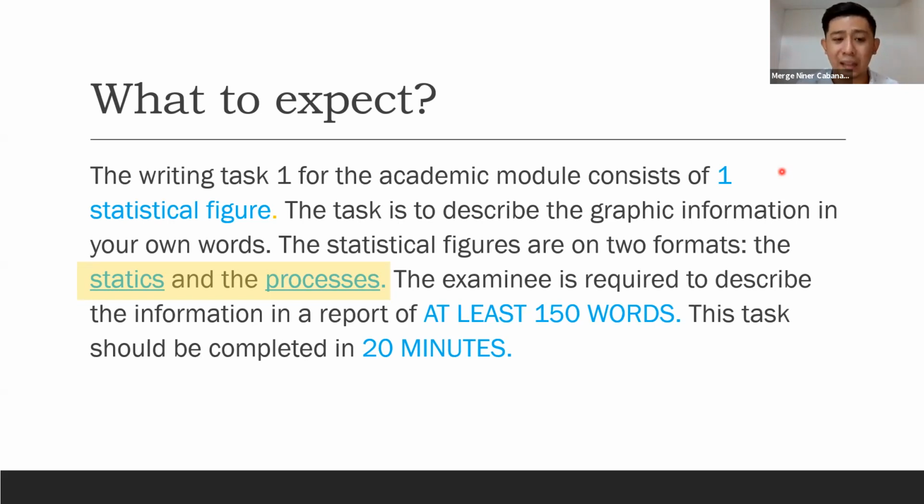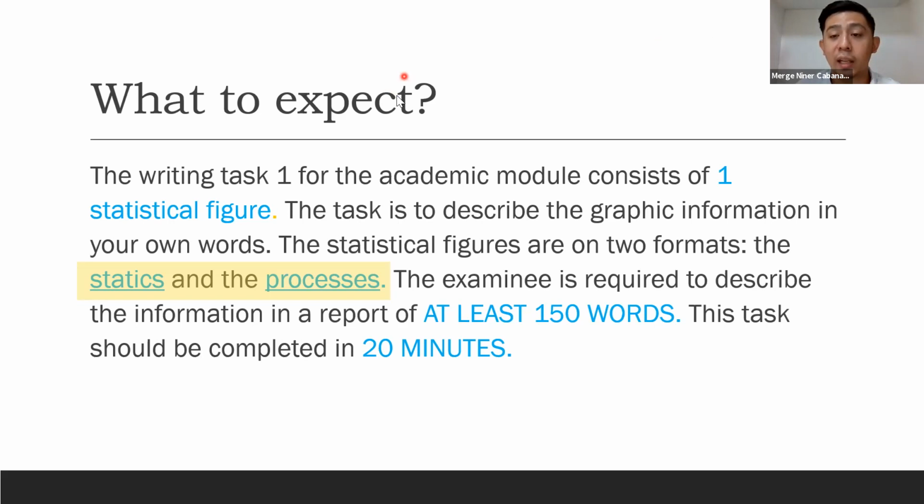In processes, you will see only 1 process, 1 cycle, or a comparison of 3 images, which are technically a bit easier, in my opinion. Even though all of them are considered difficult by some people, I think that in the end, processes are still easier as compared to statics. That's just my opinion.